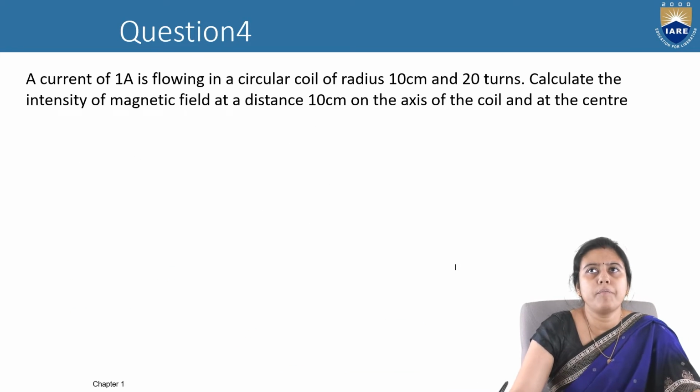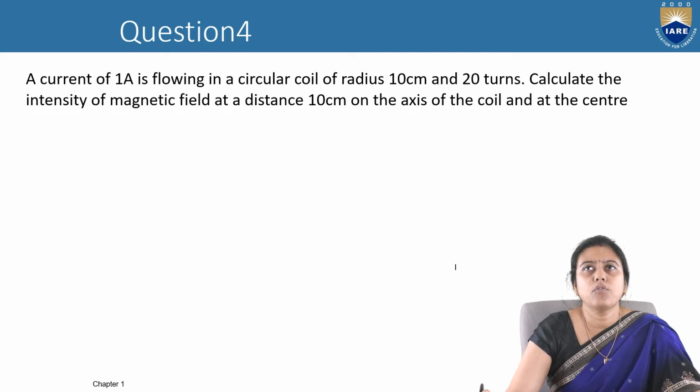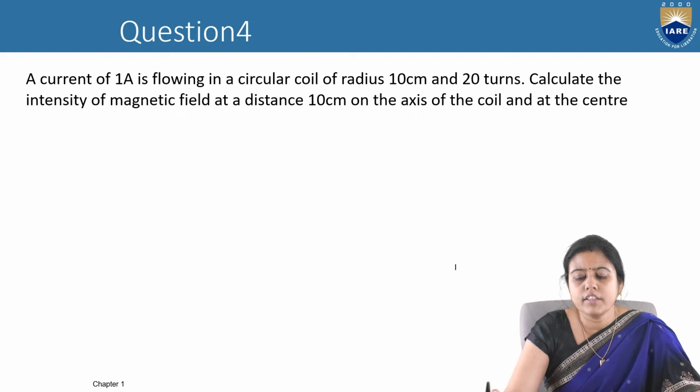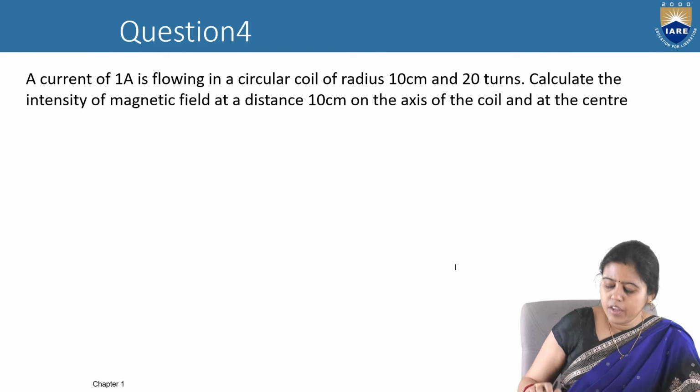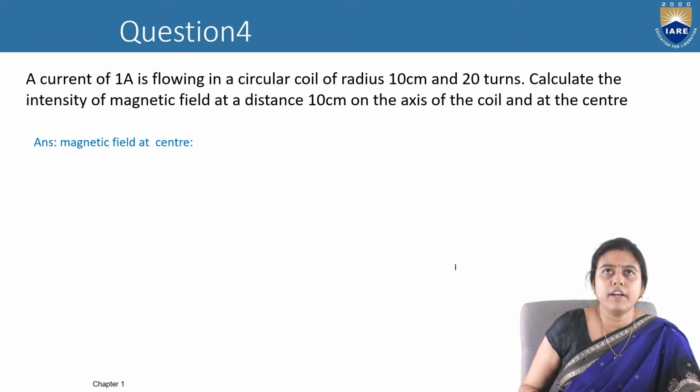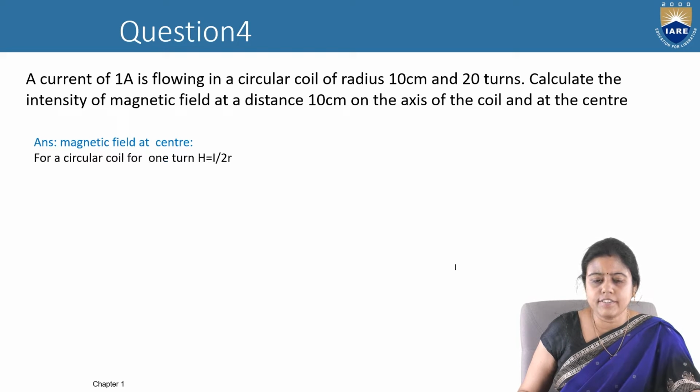Now one small problem. A current of 1 ampere is flowing in a circular coil of radius 10 cm with 20 turns. Calculate the intensity of the magnetic field at a distance of 10 cm on the axis of the coil and at the center. First we will calculate the magnetic field at the center.